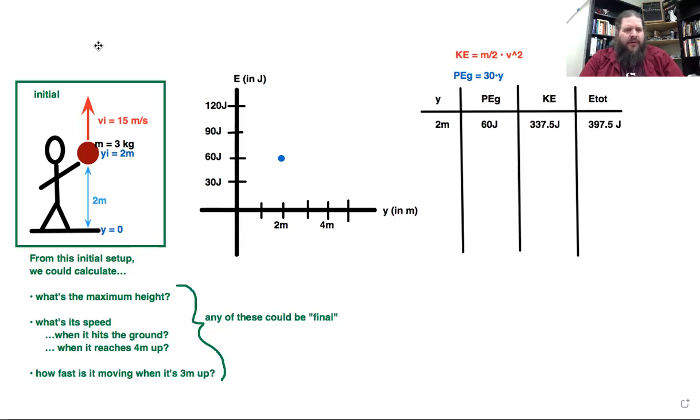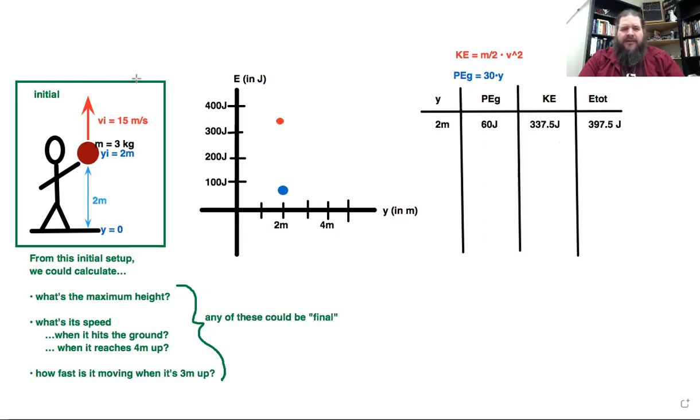And I'm actually going to need a lot more space here. We scale this to, let's say each one of these is 100 joules. That should do it. So at 2 meters, we have a mark at 60 joules, somewhere around here for potential energy. And we also have a mark at 337.5 joules for kinetic energy, about a third of the way up there.